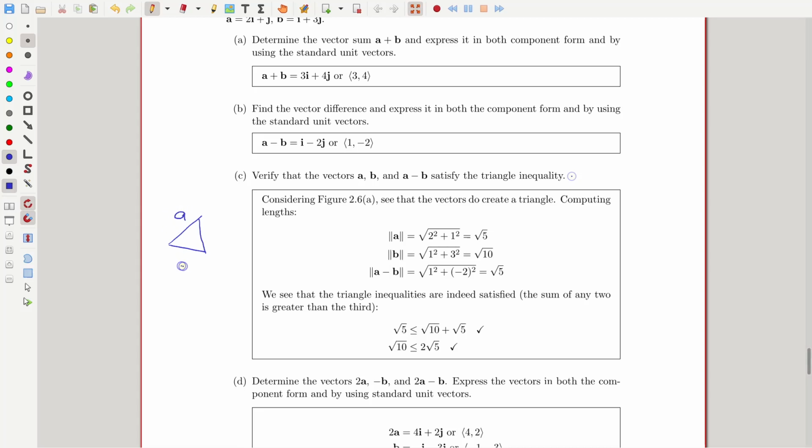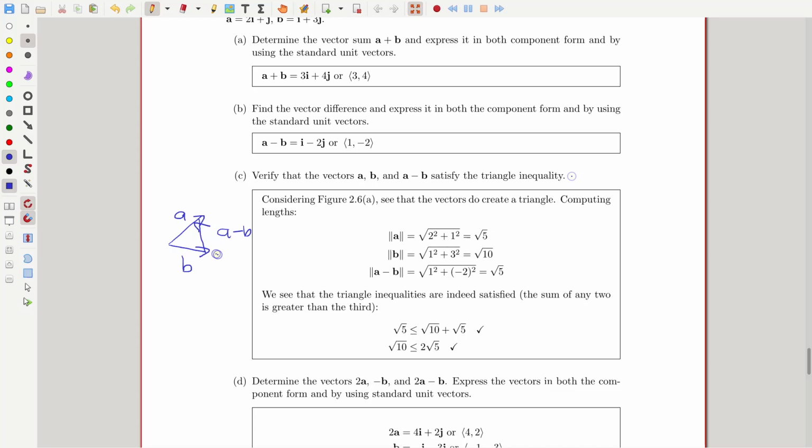So you have A, B, and A minus B. So if I make the arrowheads work like this, so B goes this way, and then A minus B goes this way.